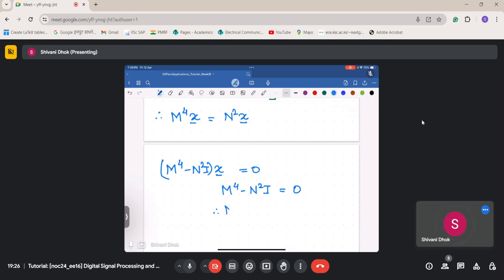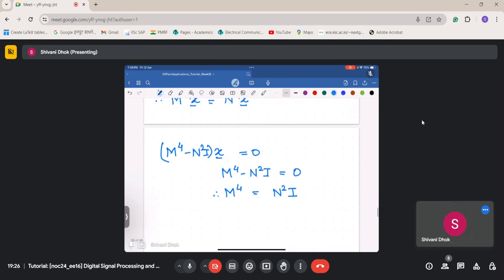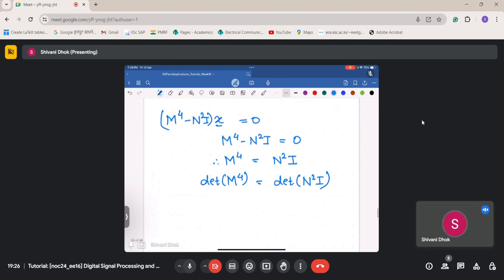And therefore m to the power 4 should be equal to n square into I. And if I find determinant of m to the power 4, that will be equal to determinant of n square I. So therefore, determinant of m to the power 4 is equal to n to the power 2n. So this identity matrix is of n cross n dimensions into determinant of I, which is equal to n to the power 2n.